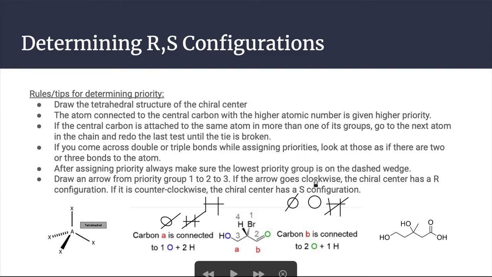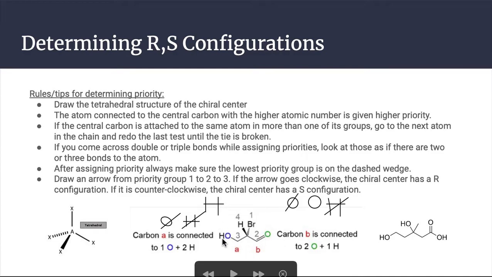So I'm going to use the second method for this one because it's easiest to show. You can look over here that if I draw an arrow from 1 to 2 to 3, it goes in a clockwise direction.